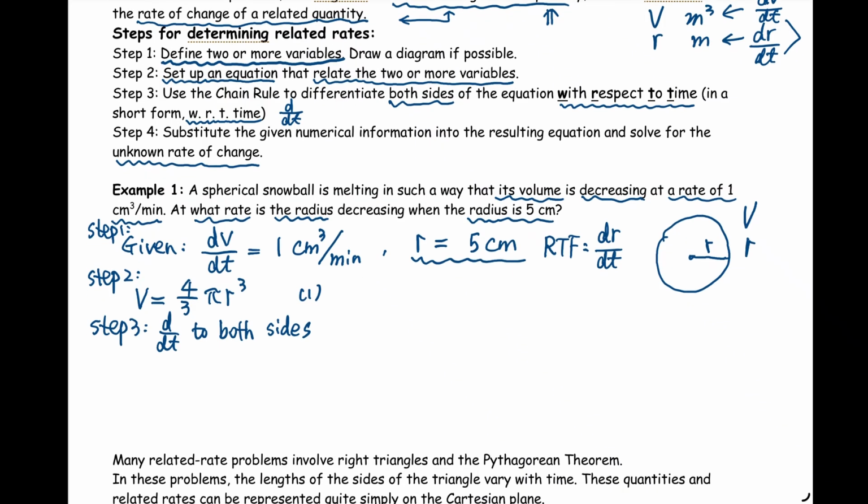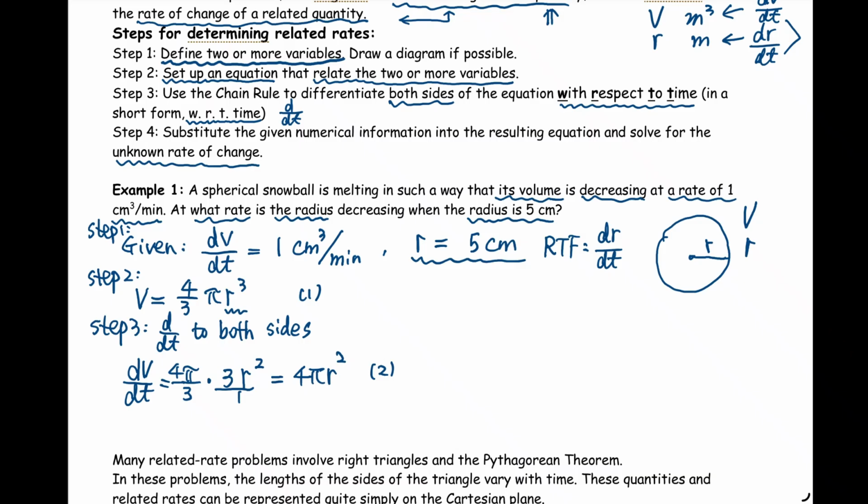So dV by dt equals 4 pi over 3, this is constant. Then do the derivative of r cubed. R cubed, the degree goes to the front, then degree minus 1, so 3r squared. Then we can simplify it. 3 divided by 3 is 1. So we have 4 pi r squared. This is our equation 2.